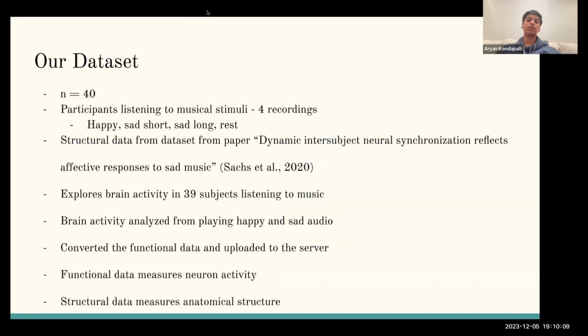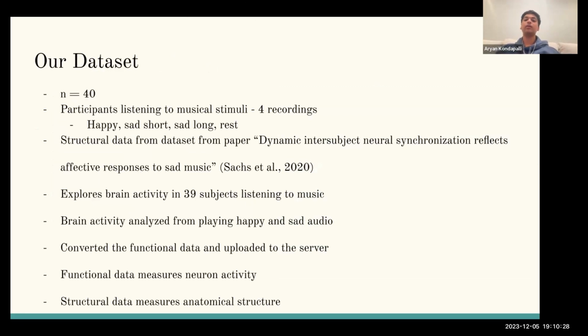So for our data set, we had a total of 40 subjects, and each of these 40 subjects listened to 4 recordings of different clips. And these clips were a happy clip, a short sad clip, a long sad clip, and a rest clip. And we took the study from online from Columbia University.